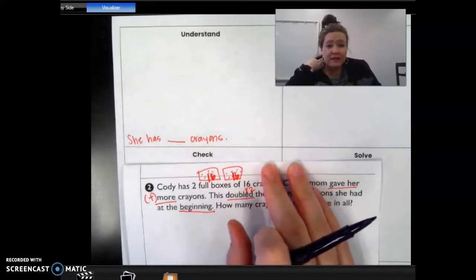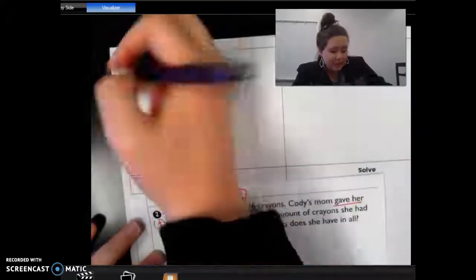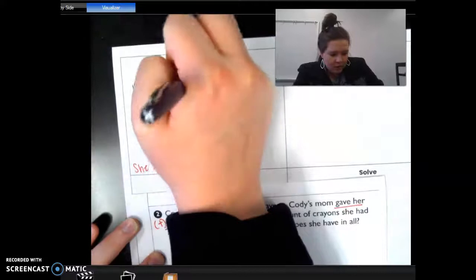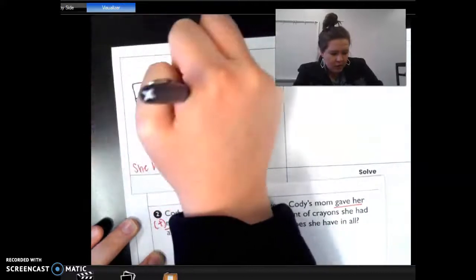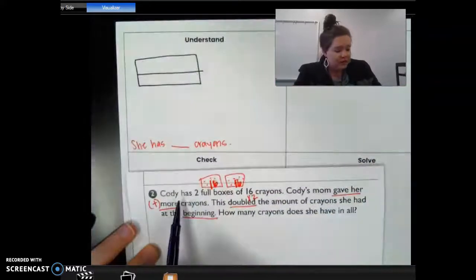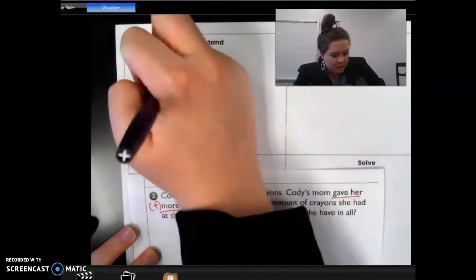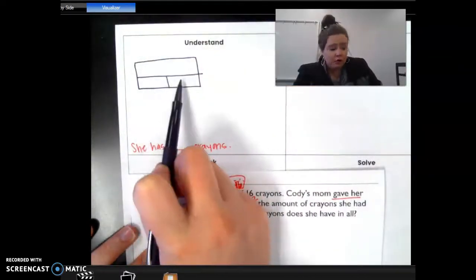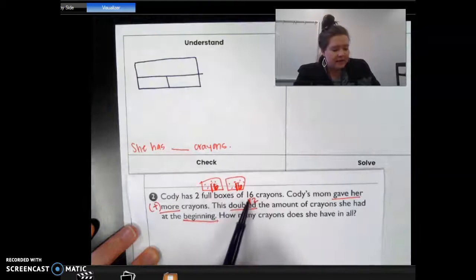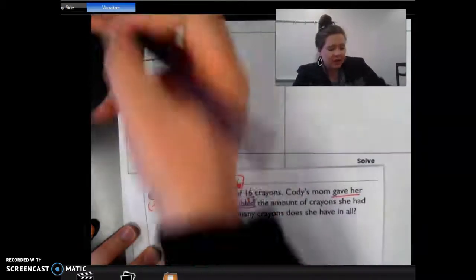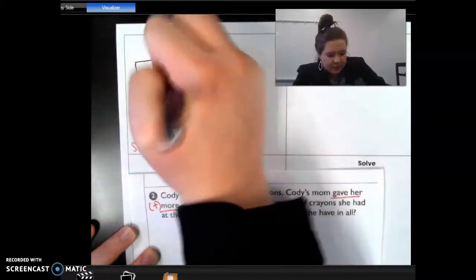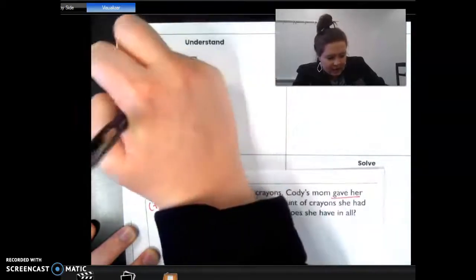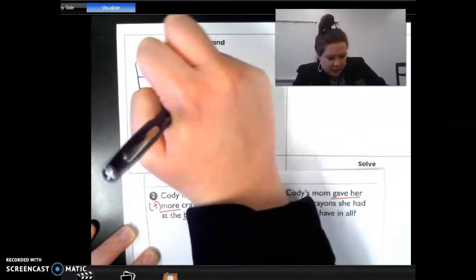I can tell that this is going to be more than one step. So when I think about the first part of this, she has 2 full boxes. Those would be my groups. And I know that they're going to be the same size because it says 2 full boxes of 16 crayons. Meaning there's 16 crayons in each box.